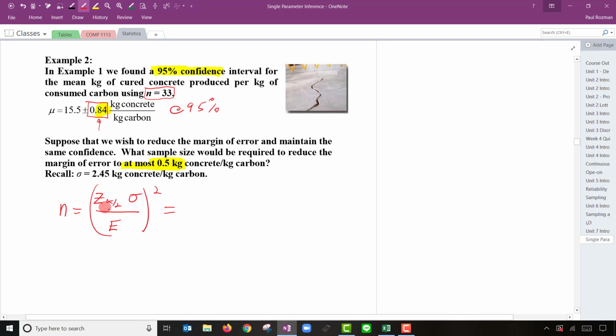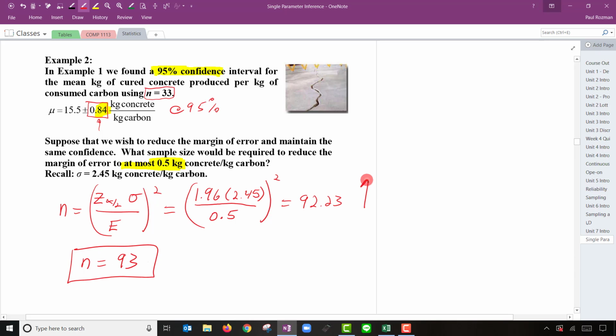So my z-score isn't going to change. The z-score that goes with 95% is 1.96. My sigma hasn't changed, 2.45. My error now needs to be 0.5. And we calculate that. I get 92.23. So make your sample size 93. Round it up.